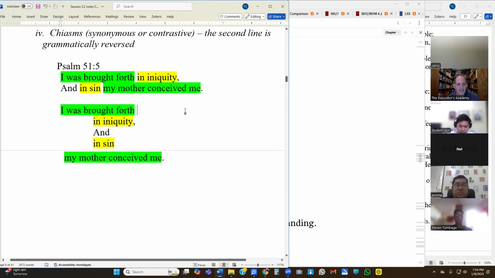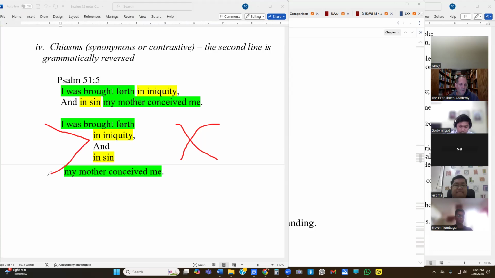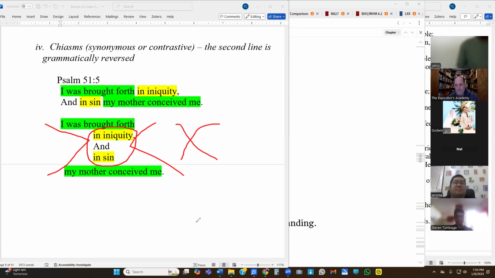And what this does is a chiasm. Chi is a Greek letter. It kind of looks like X in English, and this has that kind of structure because a chiasm is meant to focus attention on the part in the center, on the part that was flipped.